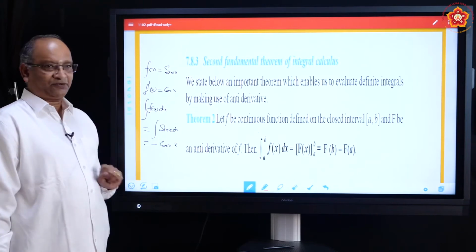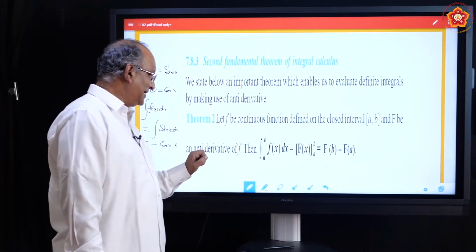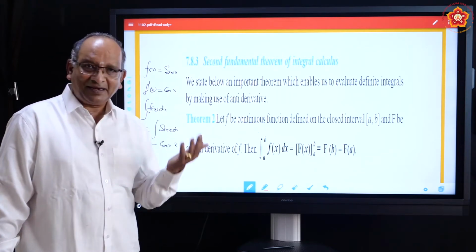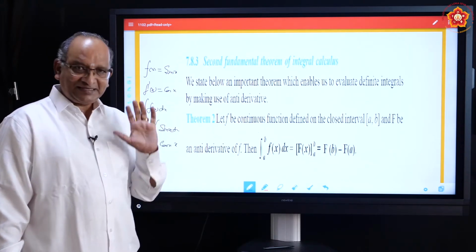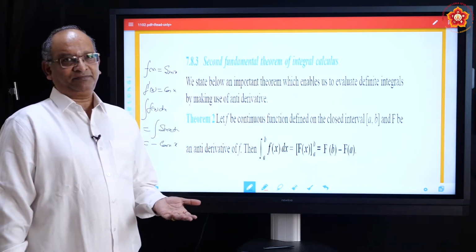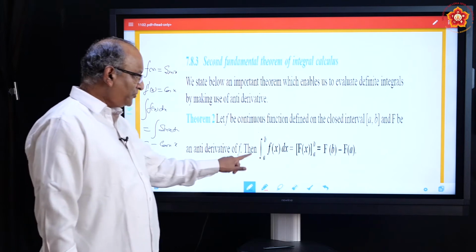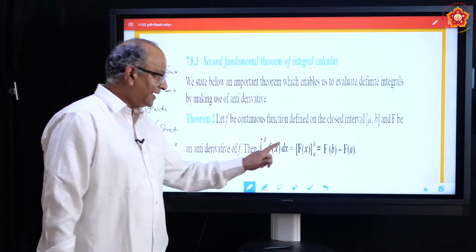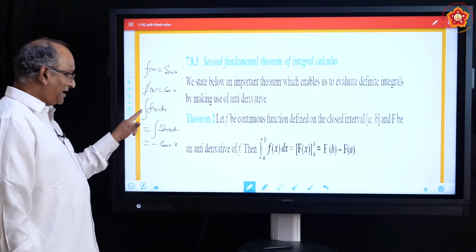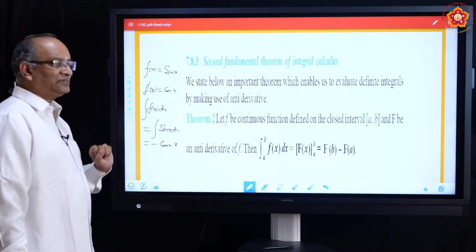This is what he is trying to tell. So what is it that he says? It is the antiderivative of f. It is nothing but the integral of f. What is area? It is the integral of the given function. So the integral from a to b of f x dx is equal to capital F x. This capital F x is nothing but what you got. For example, when we took sin x, we got minus cos x.